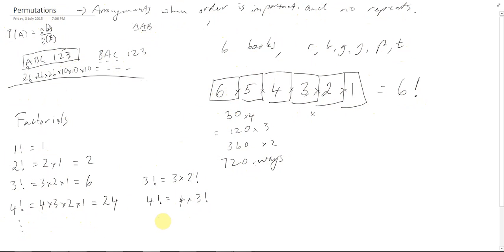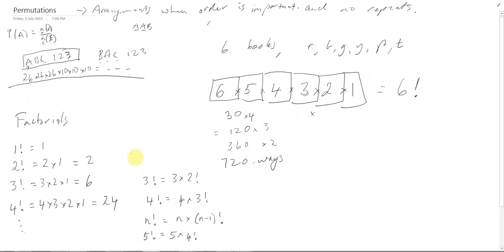Or, using symbols, I could say that some number n factorial is that same number times n minus 1, one less than it, factorial. So, for example, if n is 5, then it would be 5 times 5 take away 1, which is 4, factorial. And that fits the same pattern.